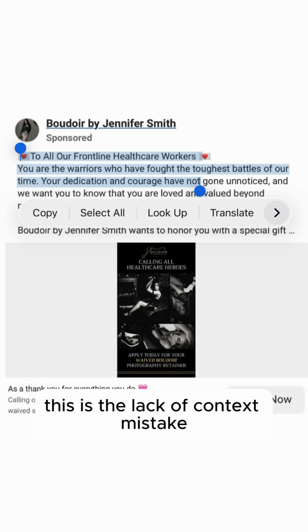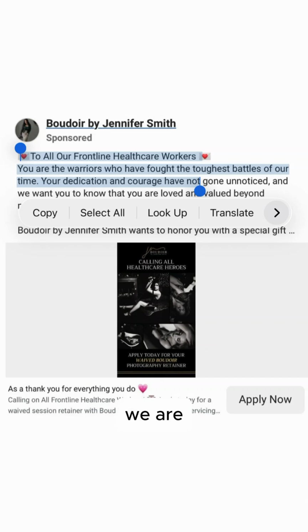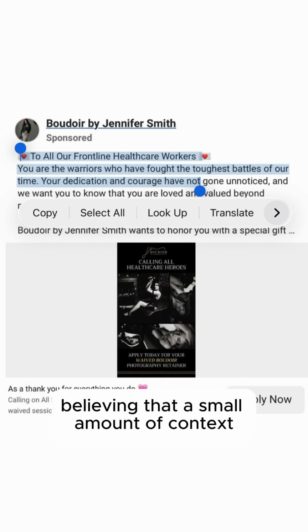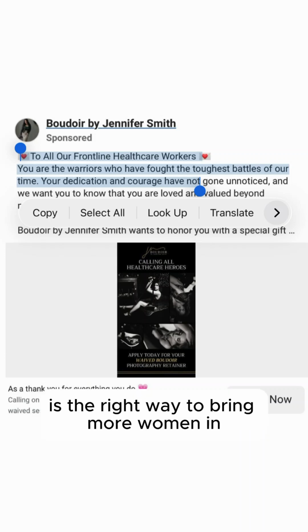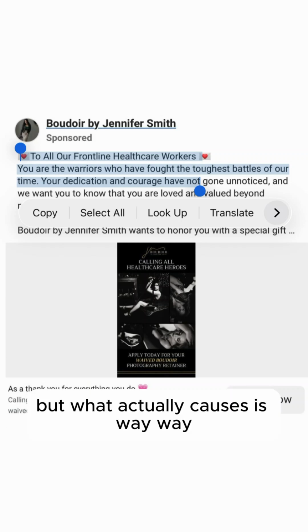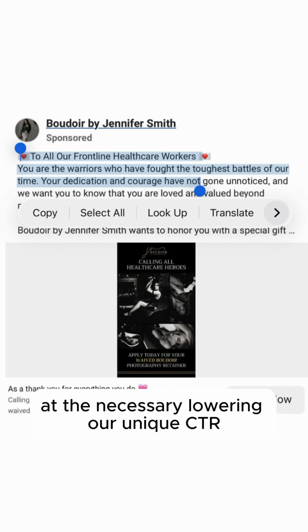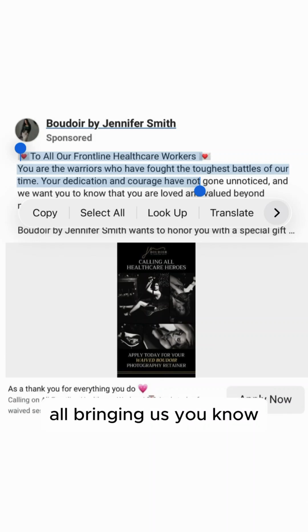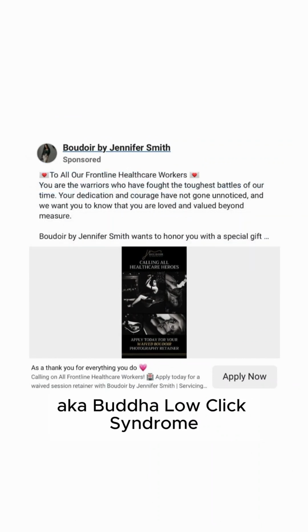So this is the lack of context mistake, the most common mistake I see, where we are believing that a small amount of context in our headline is the right way to bring more women in, get more buyers. This is the number one most important thing, to bring in more buyers. But what it actually causes is way more women to scroll by our Boudoir Facebook ad than necessary, lowering our unique CTRL, bringing us under 6% and contributing to BLCS, aka Boudoir low click syndrome.